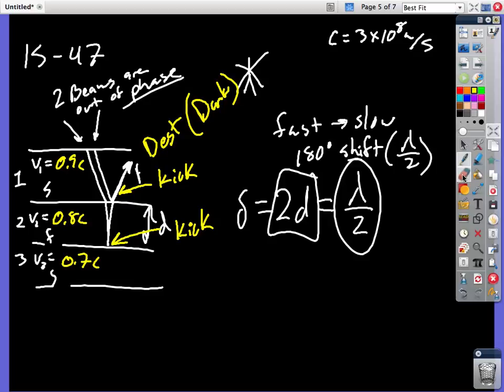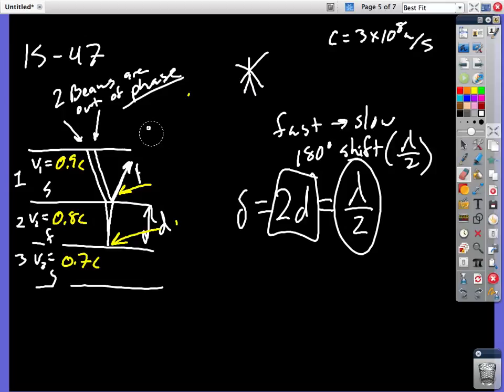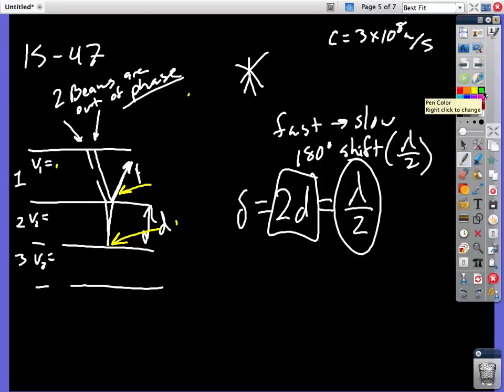All right, so then we go to part B. I'll go with green here. Part B says this is 0.8, this is 0.6, and this is 0.7. 8, 6, and 7, yes?